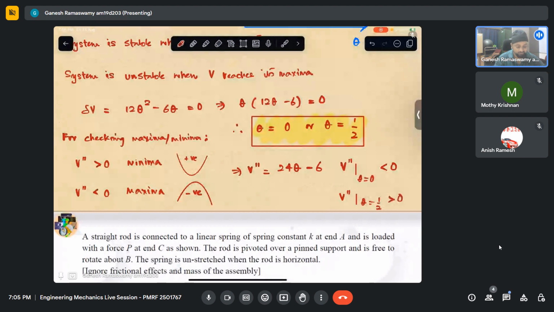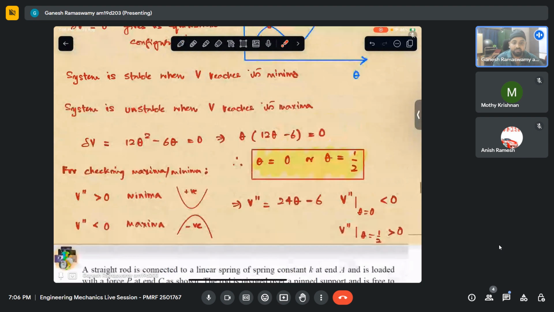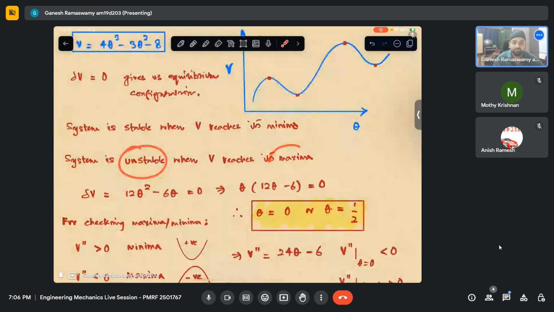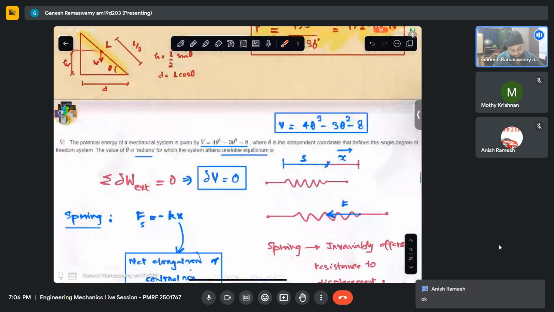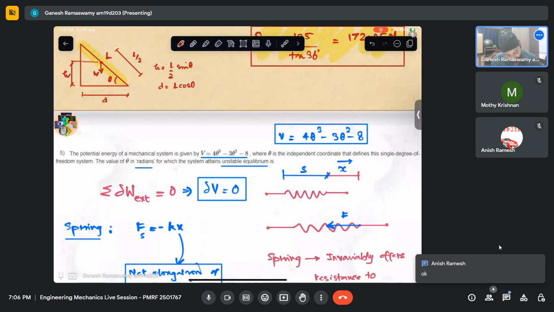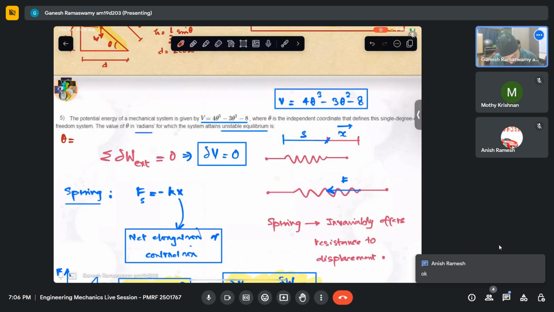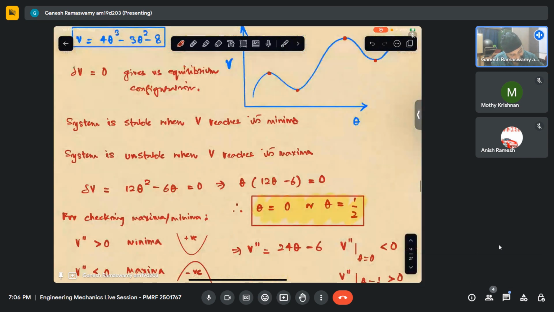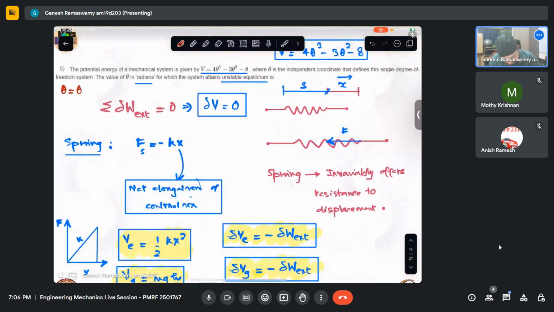So I have identified a point where my second derivative is negative, which implies that it is a maxima, which implies that my system is unstable. So what is the answer? Theta is 0 radians. 0 radians or degree, it doesn't matter, both are same.